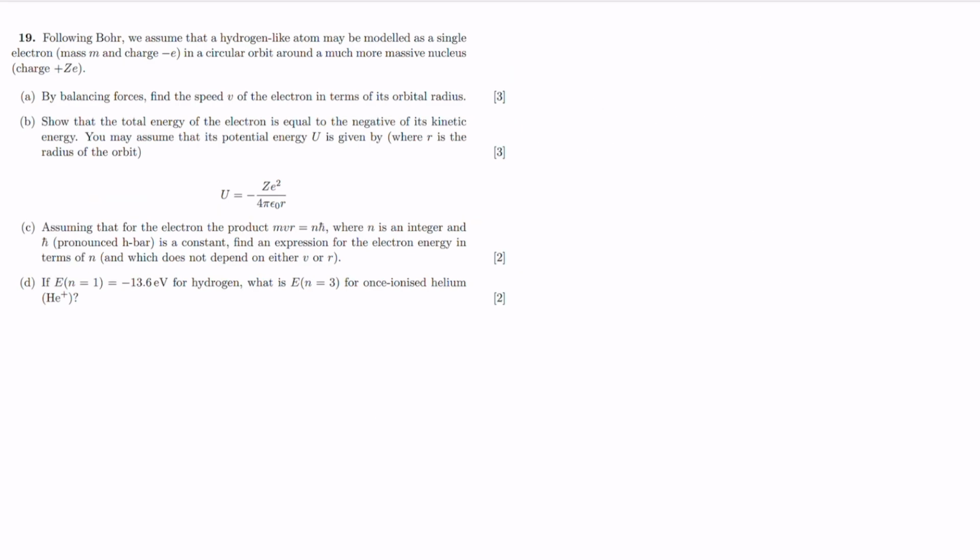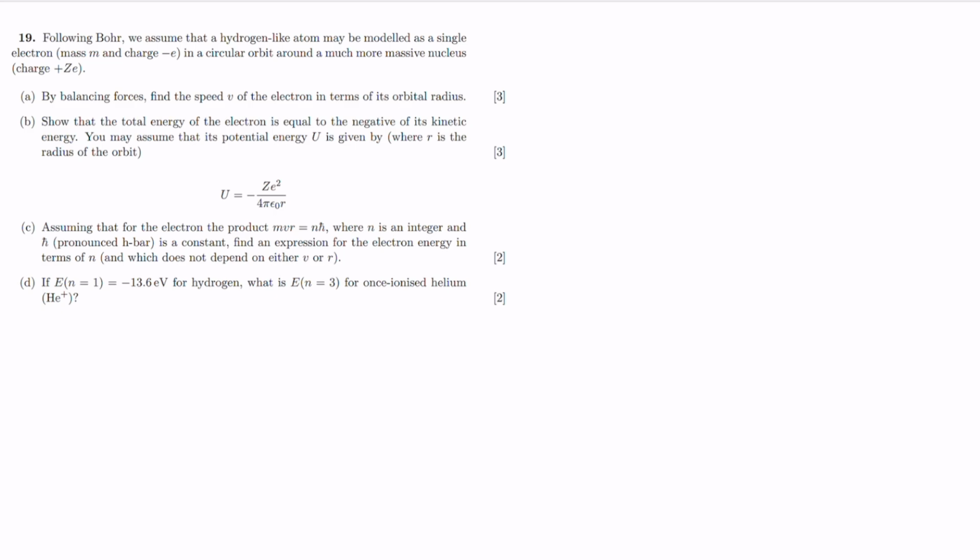Okay, for part C, assume that the electron's product mvr is equal to n times h bar. Find an expression for the electron energy in terms of n, which does not depend either on v or on r. Okay, so we can find an expression for v and hence for v squared.